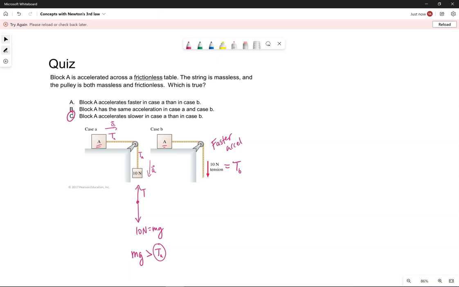So approaching problems, now that we have objects that are interacting with each other, it's a similar approach to what we've been doing, but now we have to see how the objects are interacting. But we still have to think through the motion, the acceleration specifically to relate that to the forces.